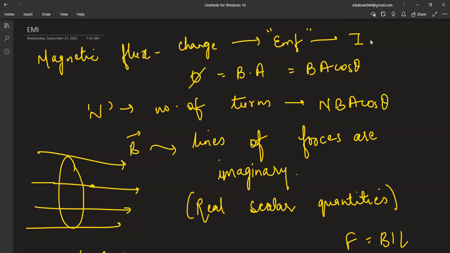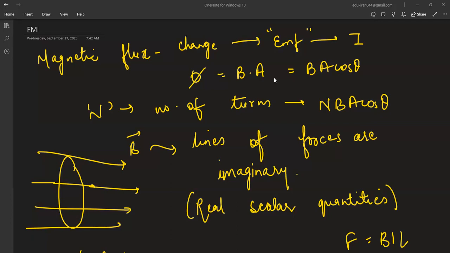And this current is detected by the device that we have, which we call, what is the device which detects current? Galvanometer. Galvanometer, perfect. So the galvanometer shows deflection, and deflection in the galvanometer lasts as long as the relative motion between the magnet and coil continues.